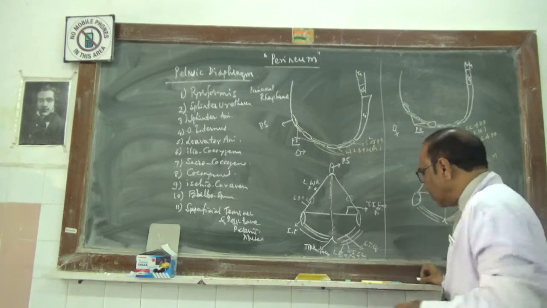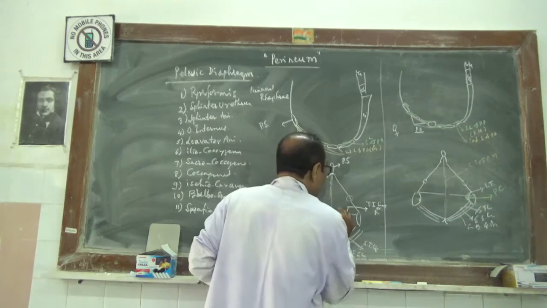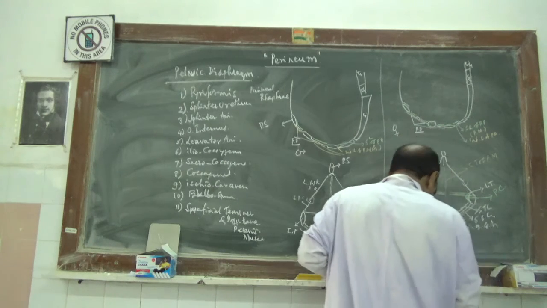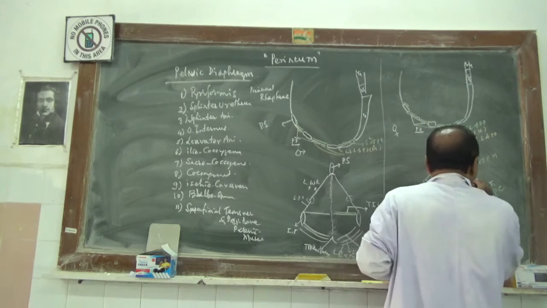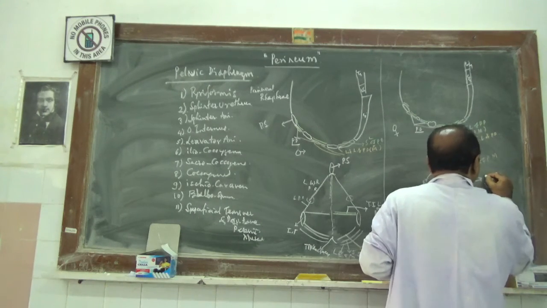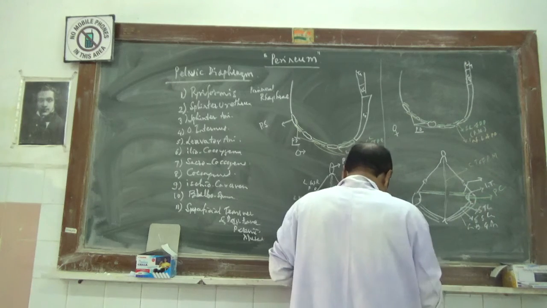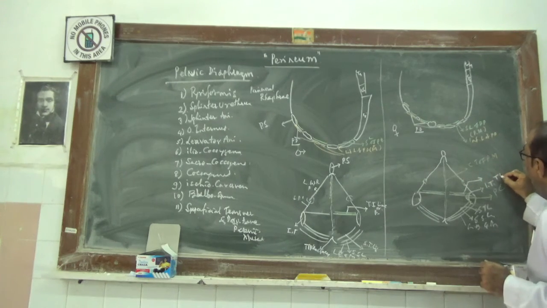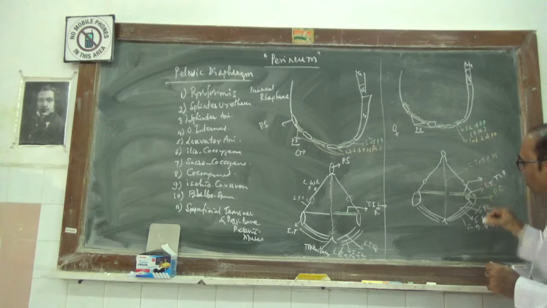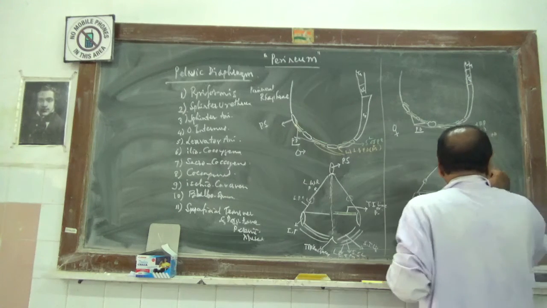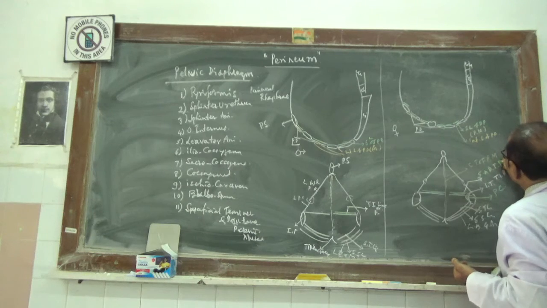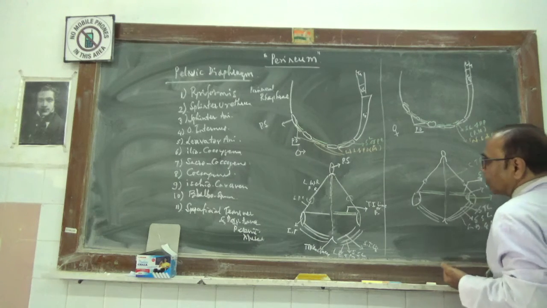Now this trans-ischial plane, internally in both male and female, corresponds to the superficial and deep transverse perineal muscles.